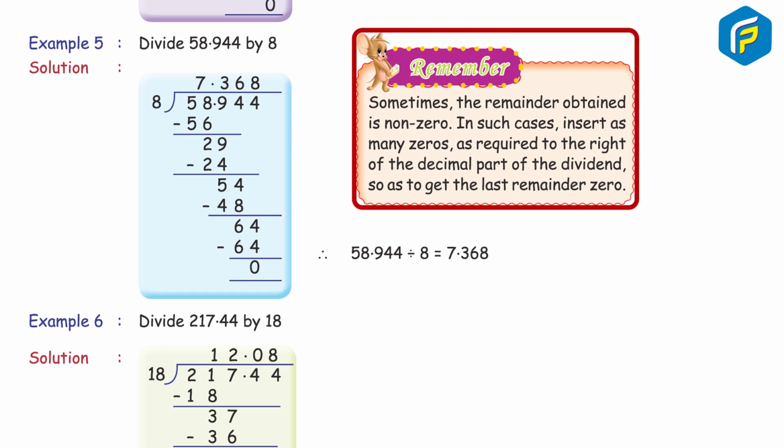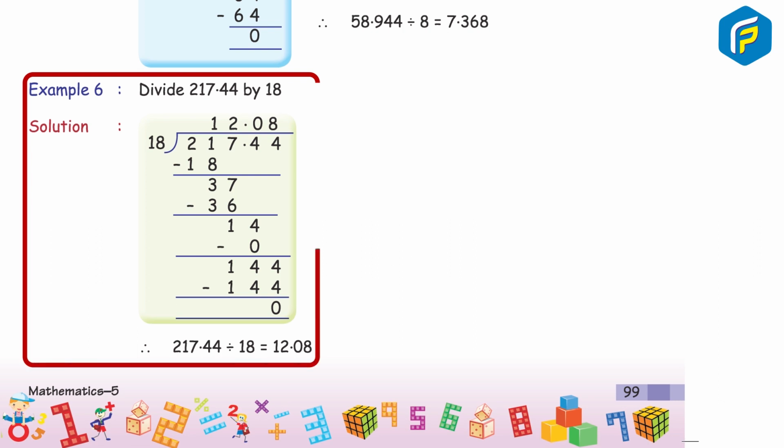Remember, sometimes the remainder obtained is non-zero. In such cases, insert as many zeros as required to the right of the decimal part of the dividend so as to get the last remainder zero. Example 6. Divide 217.44 by 18. Solution. 217.44 divided by 18 equals 12.08.